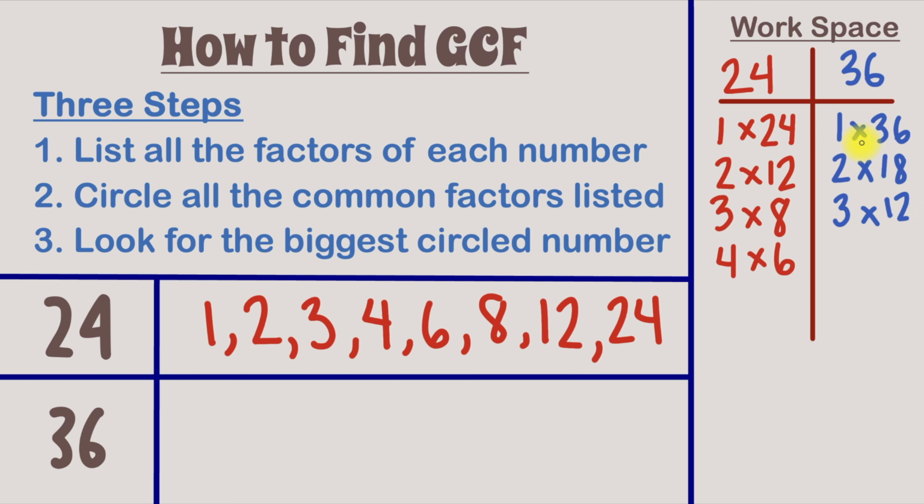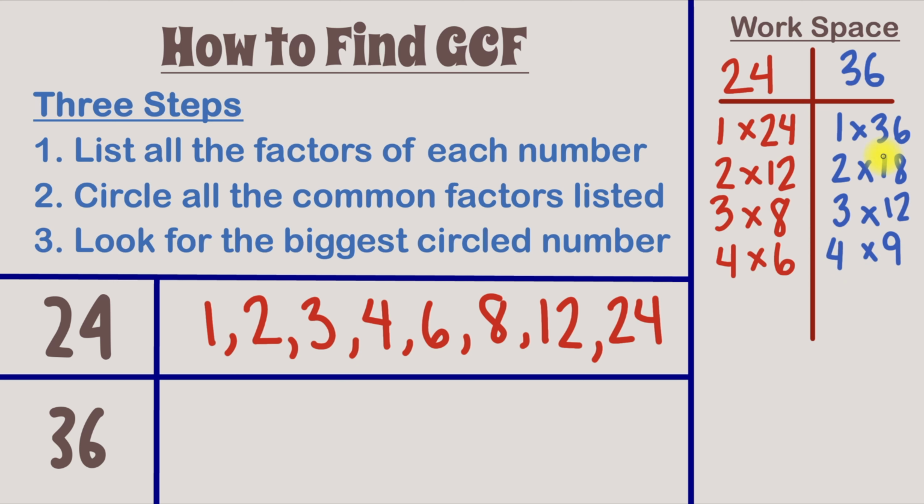And again, notice the pattern. The numbers on the left side are increasing in value, while the numbers on this side are decreasing in value. So now we've got 4, and can 4 go into 36? Absolutely. So we've got 4 times, and 4 times what gives us 36? Well, that's 9. Can 5 go into 36?